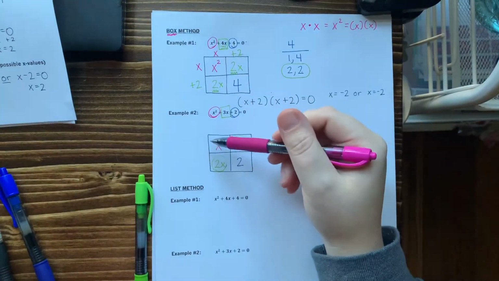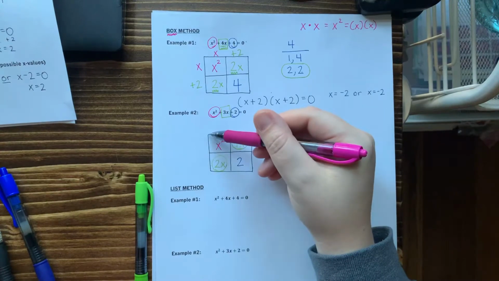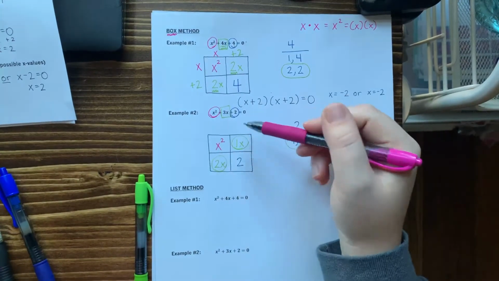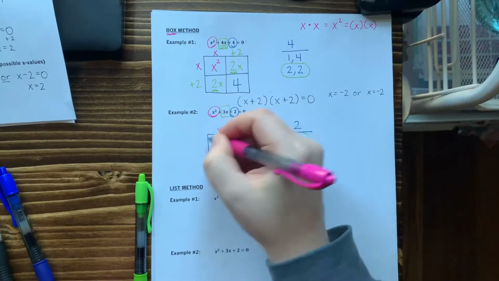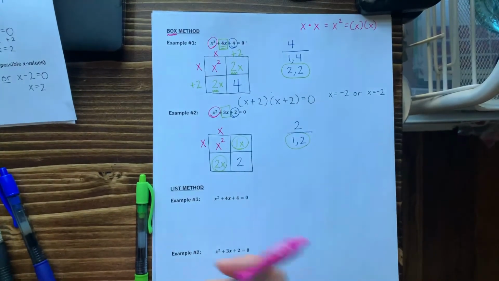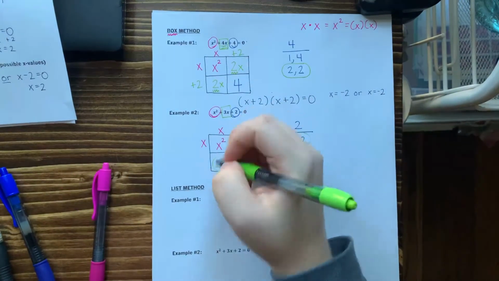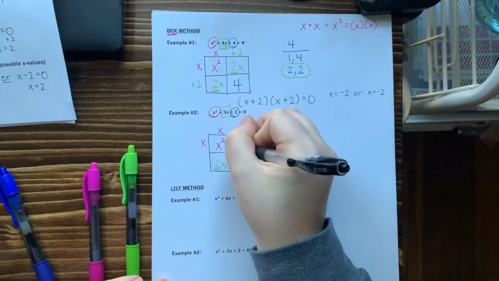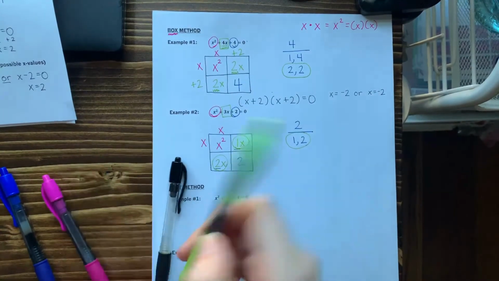Now this is a box with some area, and we've got to figure out the dimensions of it. It's always going to be x and x, because x times x equals x squared. And then whatever numbers we have here will easily go on the outside of our box.